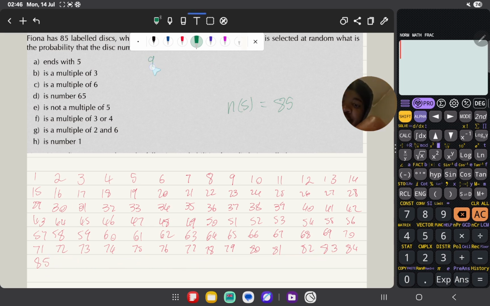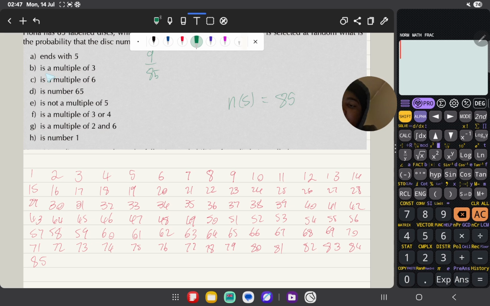So there are 9, so it will be 9 over 85. Remember, here they said numbers that end with 5, not multiples of 5, né? And then here we don't even need to write all of these numbers. If you can calculate by head, you are just fine.